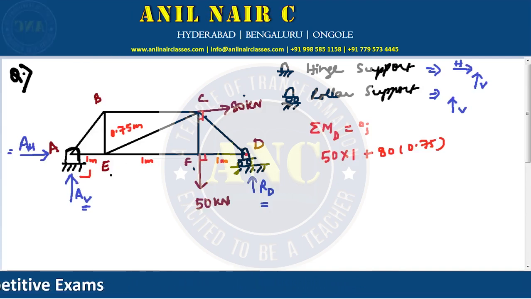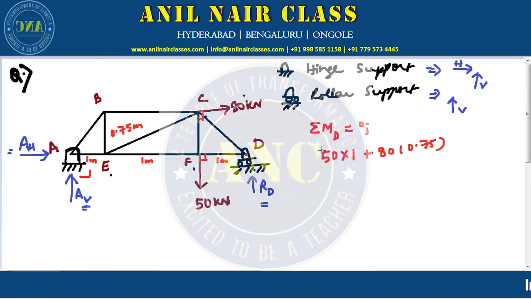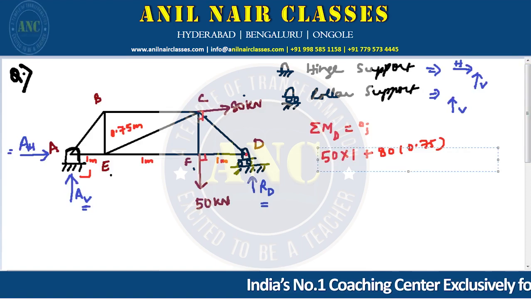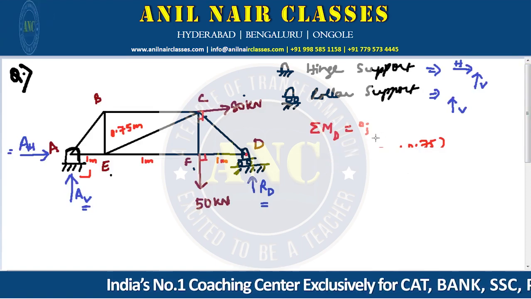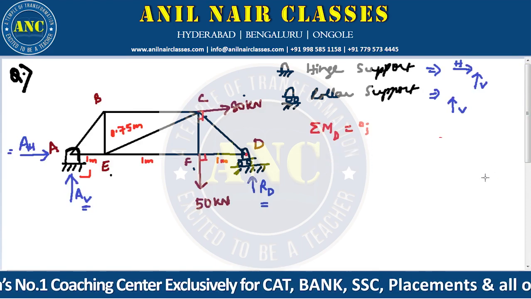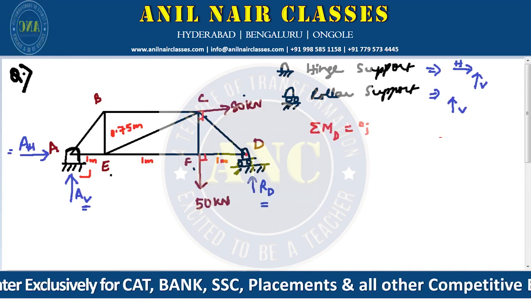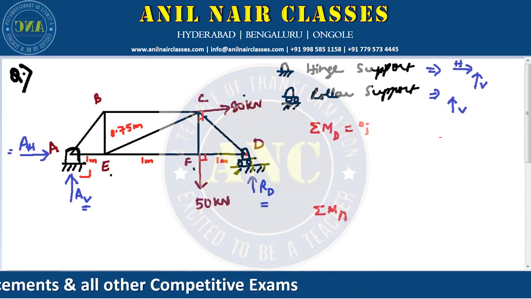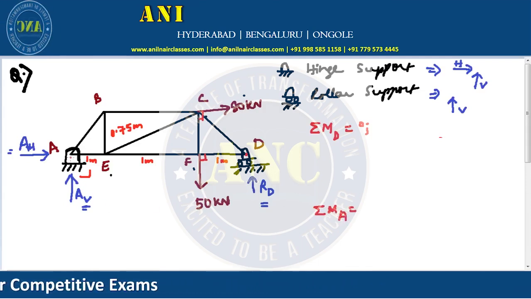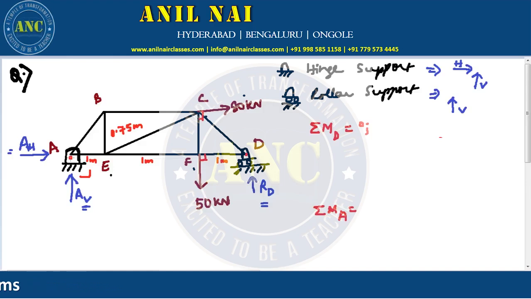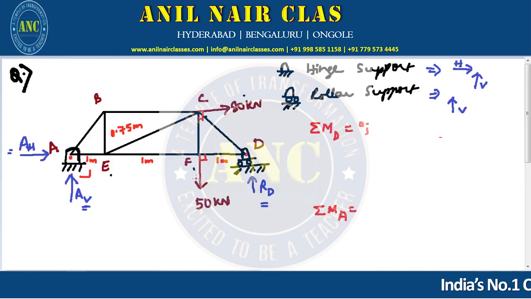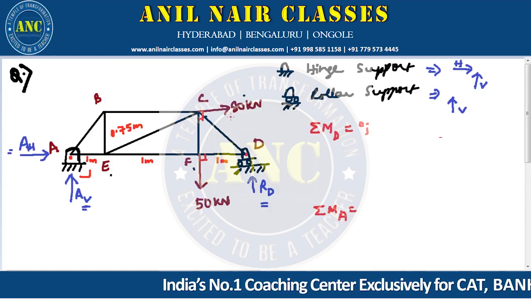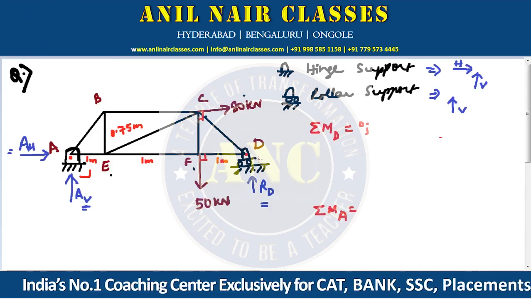So first, instead of solving the moment about D, I will start by solving for moment about A, then I'll come to moment about D. When I solve moment about A, what are the loads here? Again 50, RD as well as 80, correct or not? So here RD is in which direction?